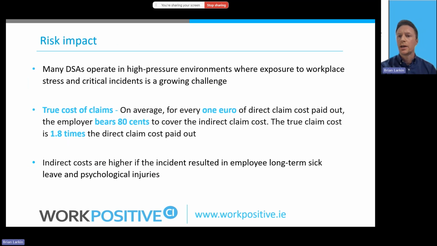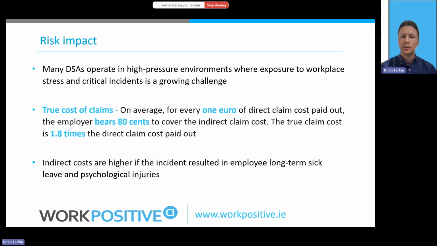So we have a remit of 150 or so delegated state authorities, and these would include organisations like the HSE, the Irish Prison Service, the Defence Forces, Garda Síochána, TUSLA, and many, many more. And they operate in high pressure, high stress environments.